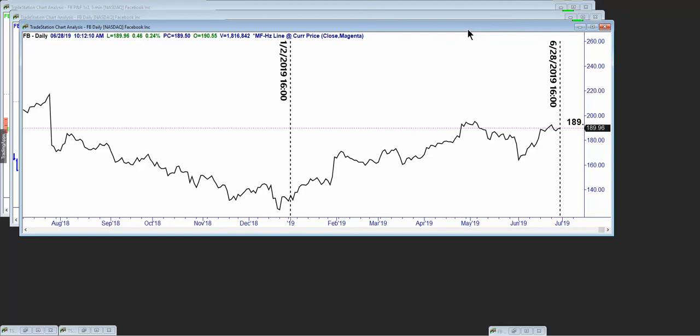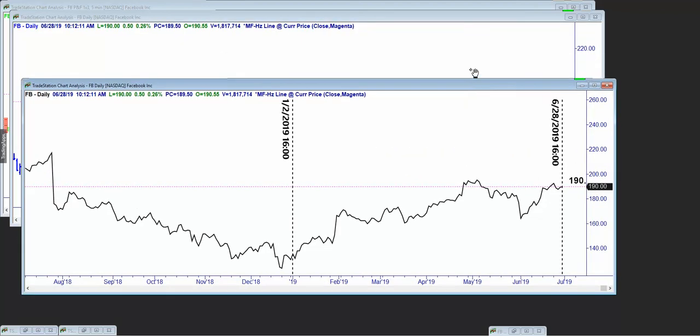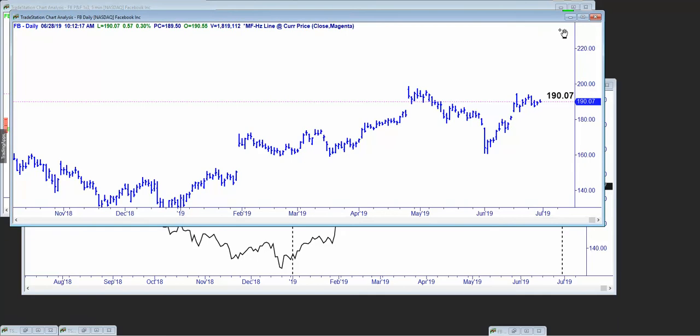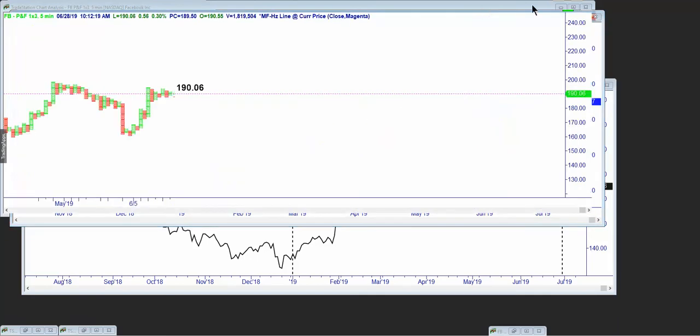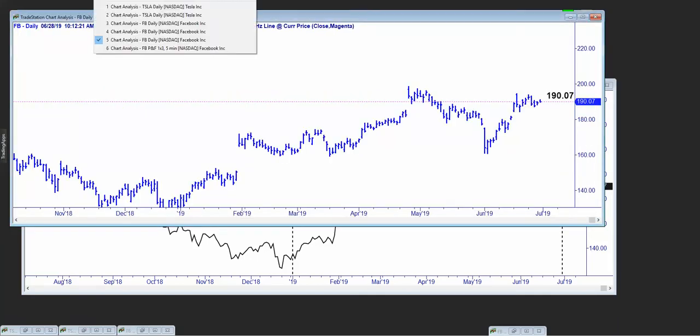So at some point, people went from simple closing prices to something else in order to provide greater detail.